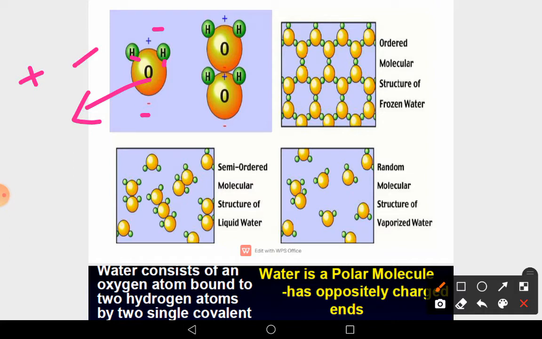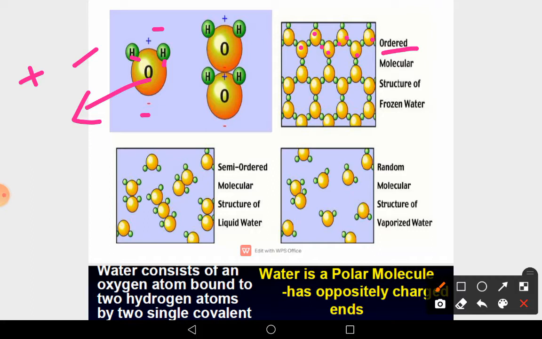In frozen water, this is the ordered structure. It forms a solid structure which we call ice. You can see the ordered arrangement of oxygen atoms, shown in orange color, to which hydrogen atoms are connected. This is the ordered arrangement of water molecules.